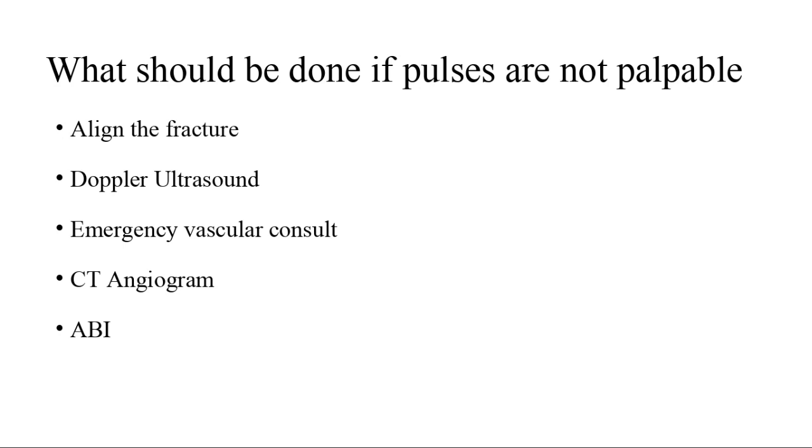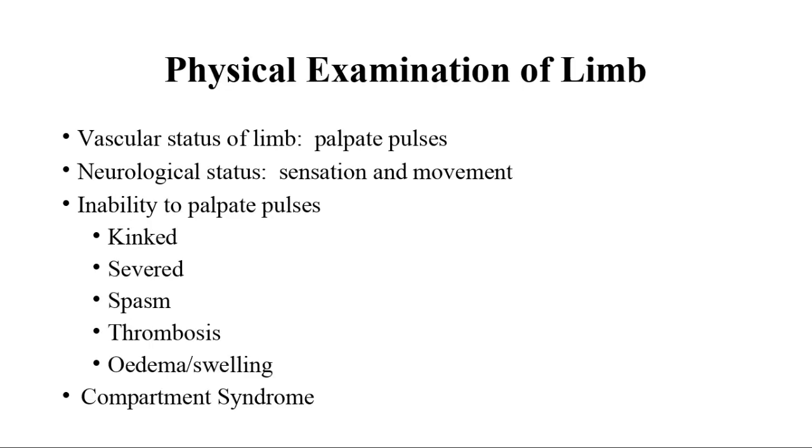Now, I'm going to go back to this slide. Compartment syndrome. And the statement I'd like to make about this. Can you have a compartment syndrome in the area in which there is an open fracture?